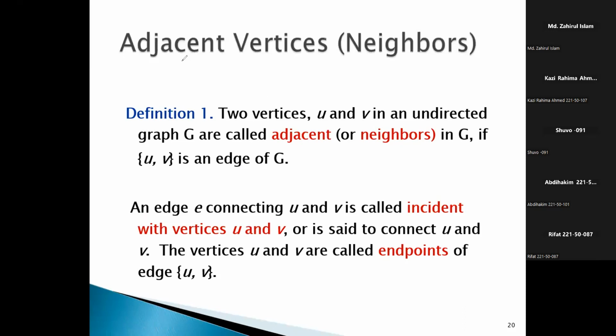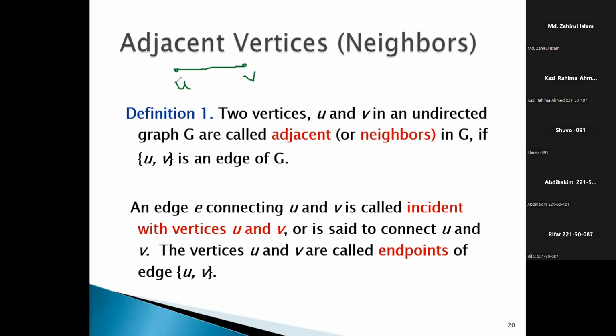Yes, sir. For example, there is a node u and there is another node v, and there is an edge connecting these two nodes. So we can say that u is the neighbor of v, and vice versa, v is the neighbor of u.